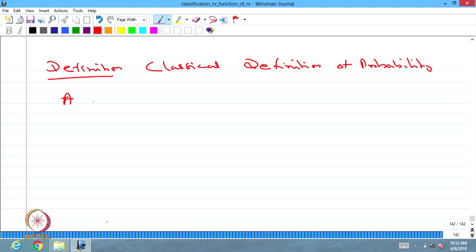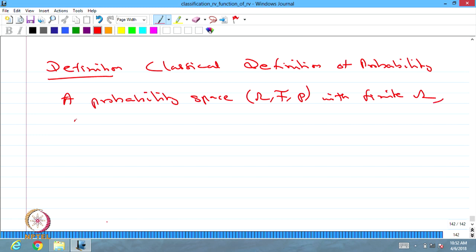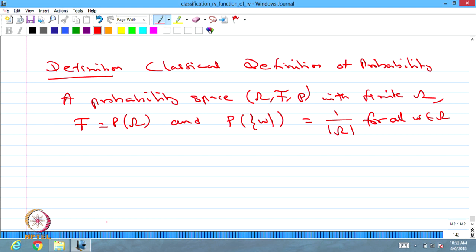A probability space, that is omega, capital F, capital P, with finite omega, and F equal to the power set of omega, and the probability measure of a singleton element w equal to 1 divided by the number of elements in omega for all w belonging to omega, is called a classical probability.